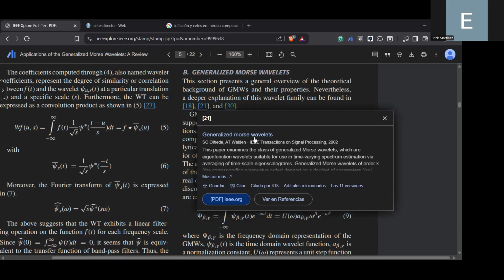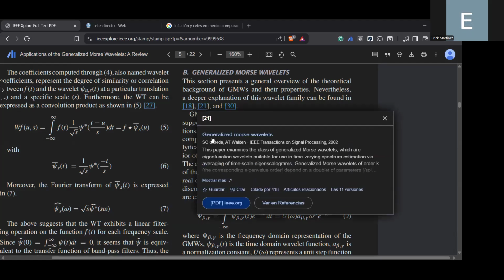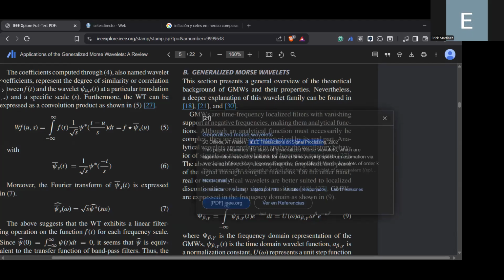Also, we have this other reference that is the work also of Olhede and Walden that was published back in 2002, also in the IEEE Transactions on Signal Processing, where the generalized Morse wavelets were first introduced in a systematic way, I would say.